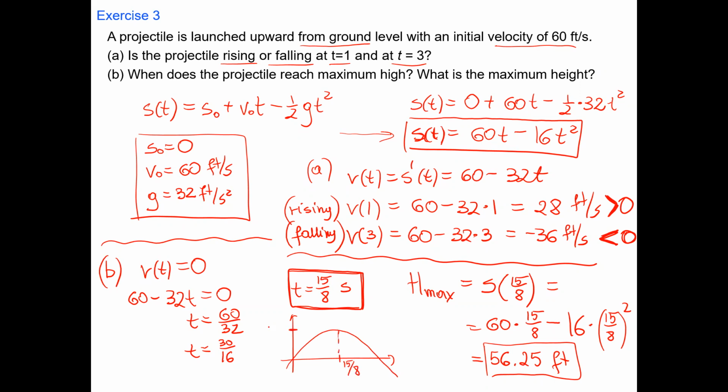And the maximum height is 56 1/4. That's the position function, that's the time. I will not figure out the other x-intercept.